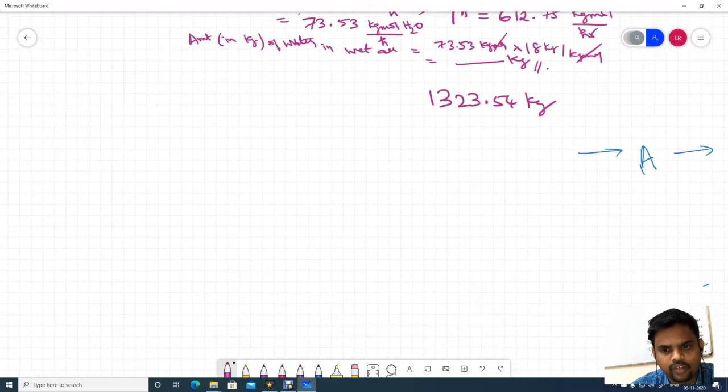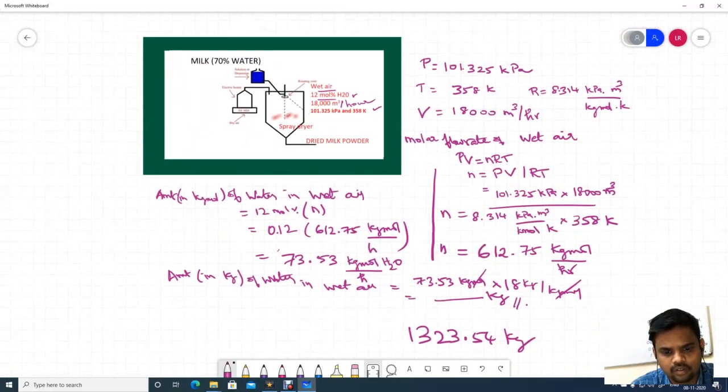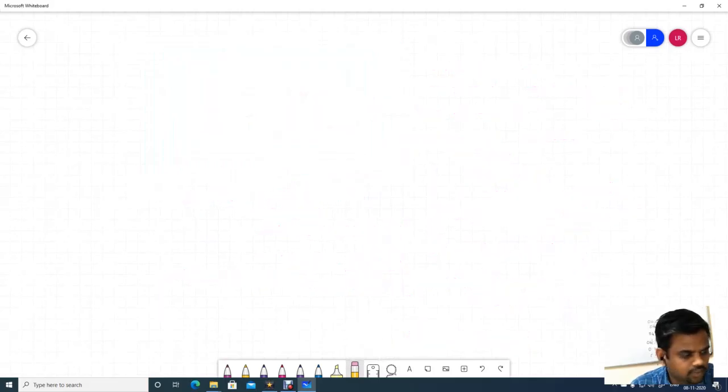Okay, so now we can further proceed with this. Let me clear this screen. Now we have calculated the amount of water that is present in the leaving air, right? So that is 1323.4 kg per hour.